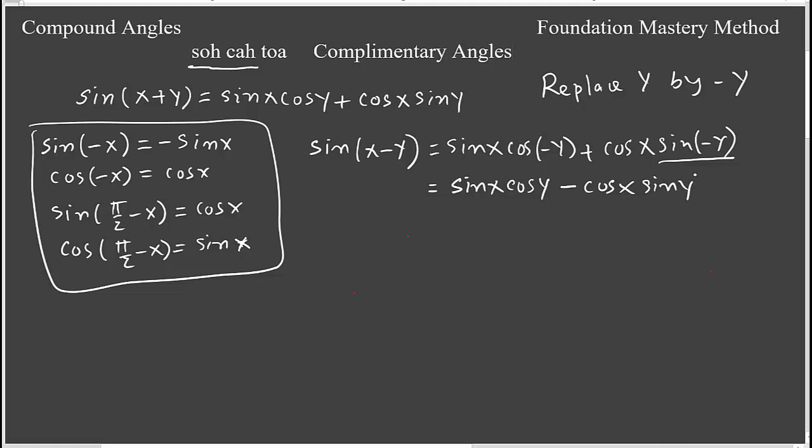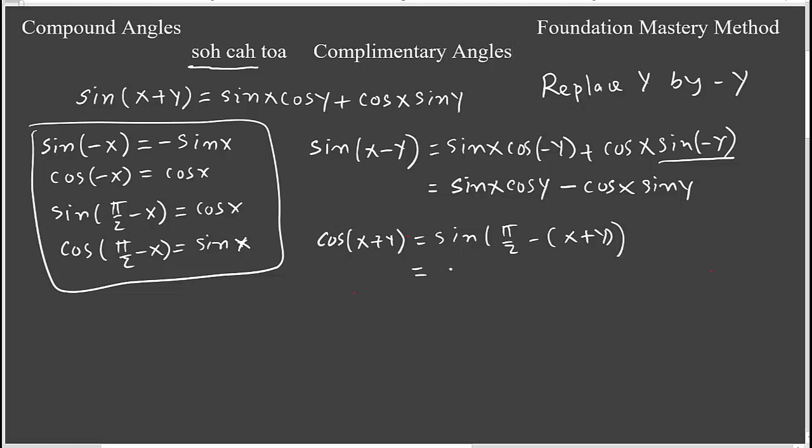Now the third one is a little tricky. We'll be using the complementary angle, because you know cosine of x plus y is the same as sine of pi by 2 minus x plus y, because for complementary angles cosine relates to sine when you have pi by 2 minus the same angle.